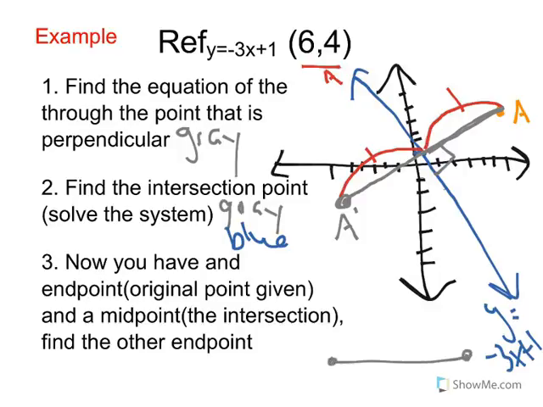So A is here, this is where A prime would be, and this was your midpoint where the blue line was going perpendicular. We found the midpoint in step 2, and now we want to find the other endpoint. We're going to look at that on the next slide.